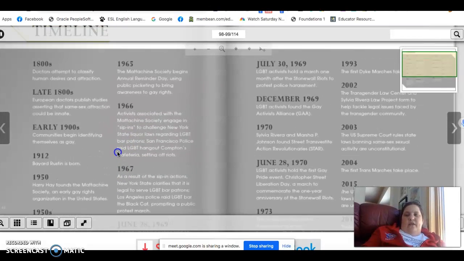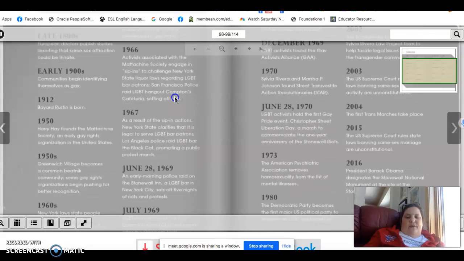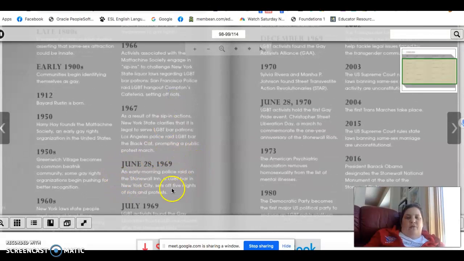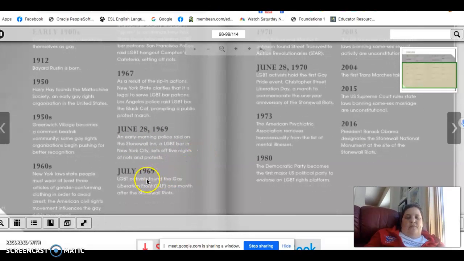So it starts in the 1800s. So people knew about LGBT people way back in the 1800s, probably before that. But you know, this is when the timeline starts. It goes all the way up to the riots in 1969, and then it talks about what happened after that.